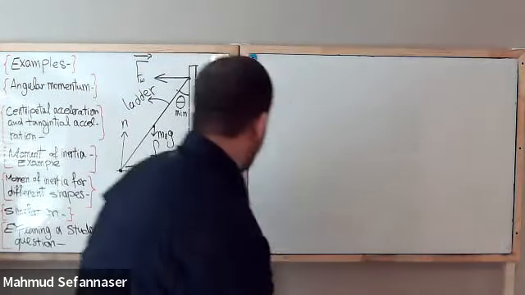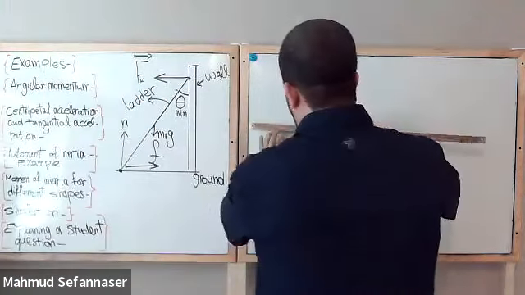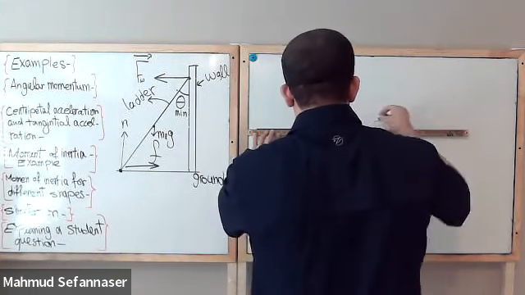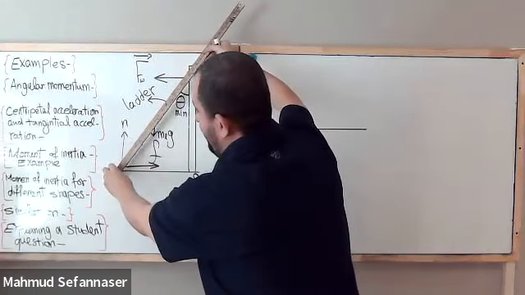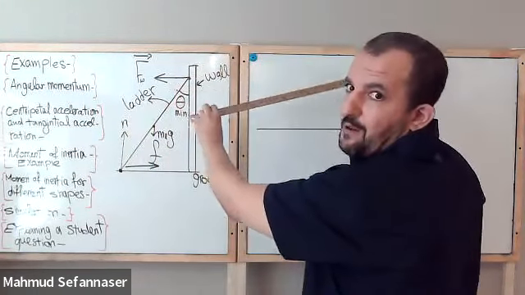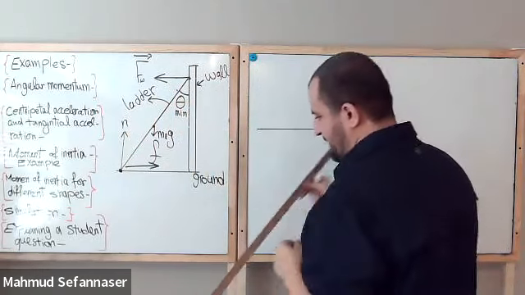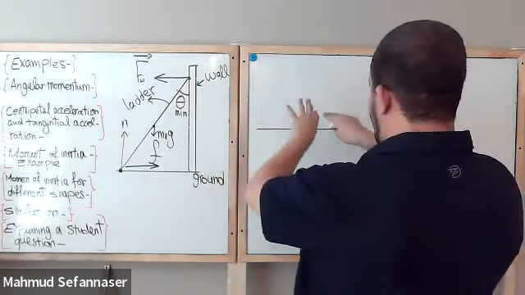And I'm going to use my meter stick again and draw the ladder. So I have the ladder as a horizontal line right here. I know that the ladder is like this, but I have it like this now. So I can draw everything as I want, so I can see everything organized.